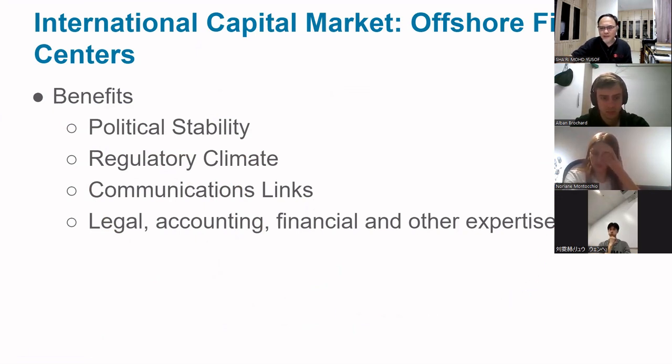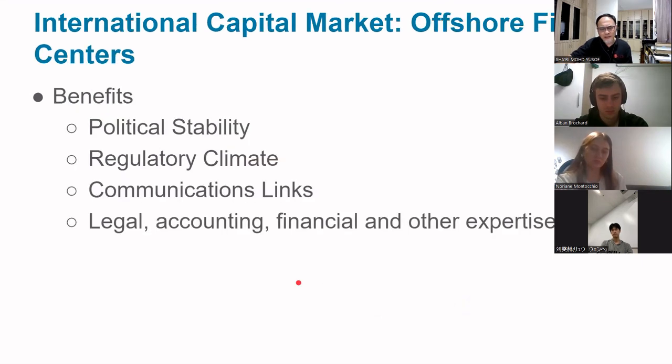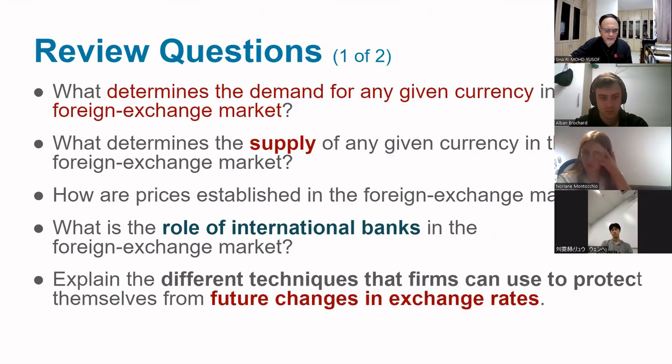That's why the rulers of many countries are investing in these financial centers, to attract deposits and then provide lending to customers. So the equity market is huge.